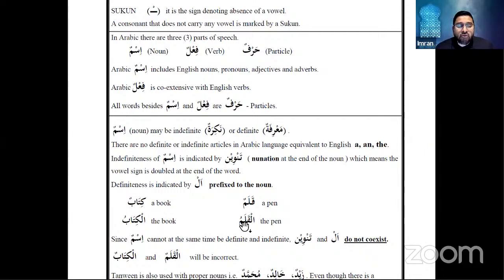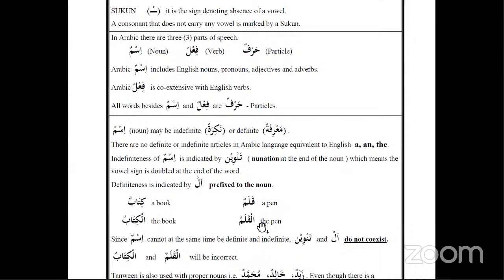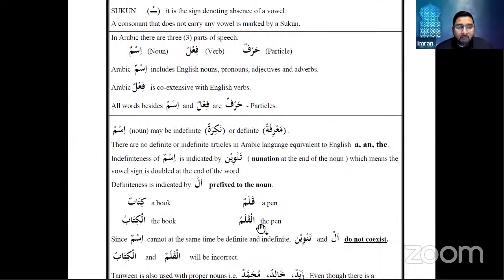Whenever the definite article comes with a noun, it makes it definite, and for this reason you cannot have a tanween at the end. For example, qalamun, with the tanween, gives it the meaning "a pen". So you cannot say al-kalamun, meaning "the a pen". Is that clear?